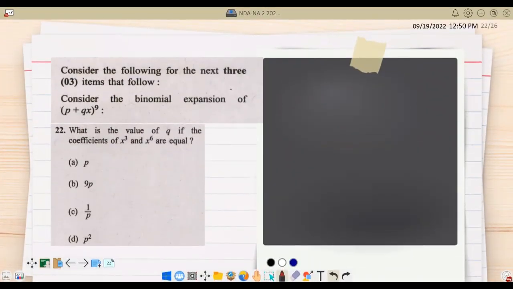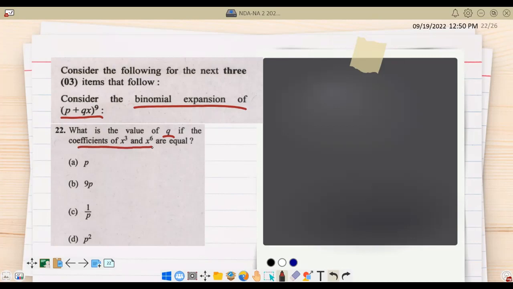In this question, they have given the statement that is binomial expansion of p plus qx whole to the power 9. In this, we will have the following 3 questions. We'll see the first question. What is the value of q if the coefficient of x cube and x6 are equal?